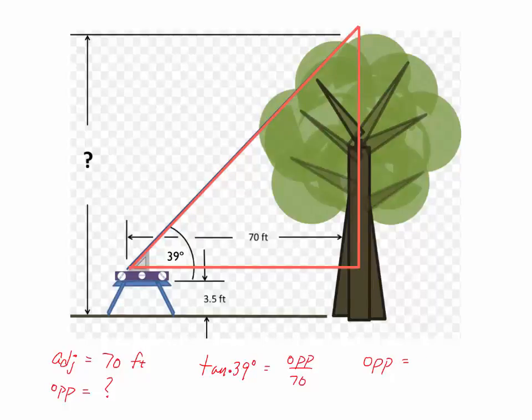Make sure your calculator is set in degrees. 70 tangent 39 degrees. And we get? As soon as you get it, tell me. 56.685.